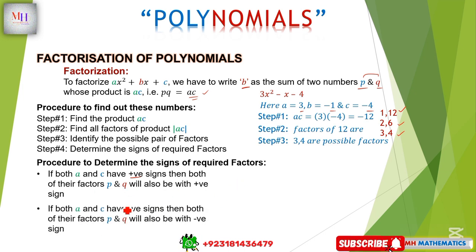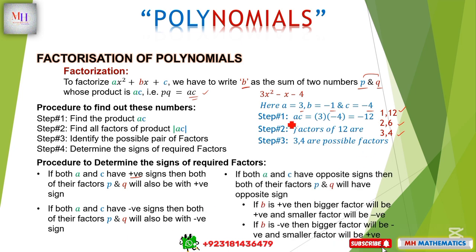But if a and c have negative signs, then both of their factors p and q will be negative. And finally, if a and c have opposite signs, which means that either a is positive and c is negative, or a is negative and c is positive, then the factors of ac, meaning p and q, will have opposite signs.